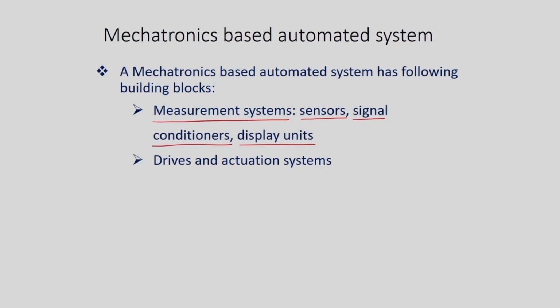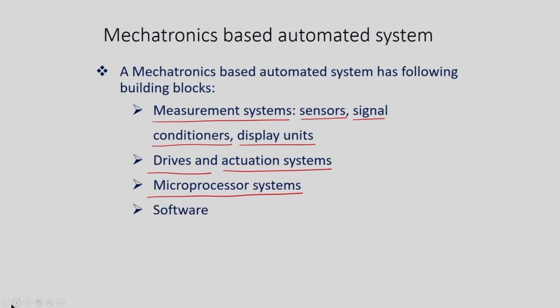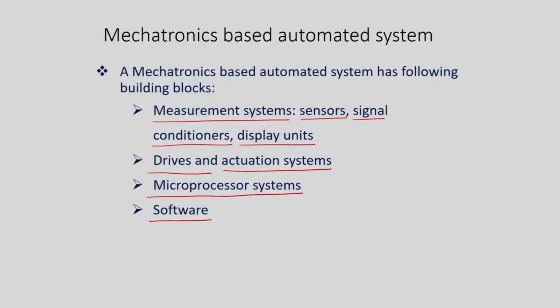The second building block is the drives and actuation systems. The third one is a microprocessor system and the fourth building block is the software. As you know, software is a set of programs which control the operations of the microprocessor system.